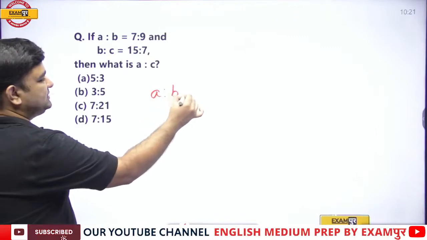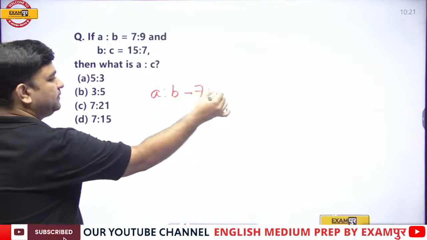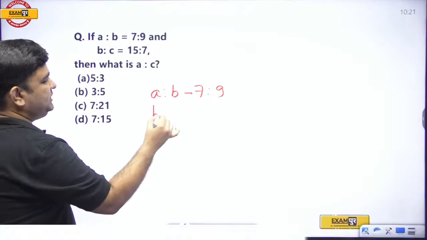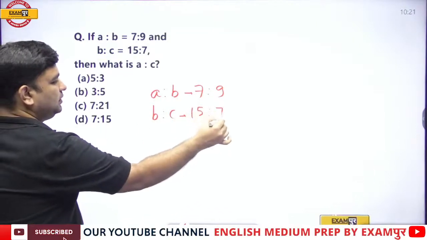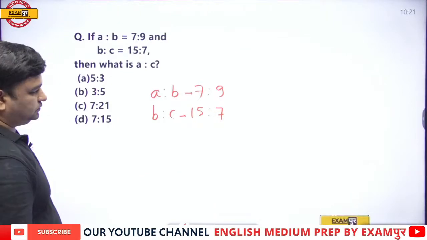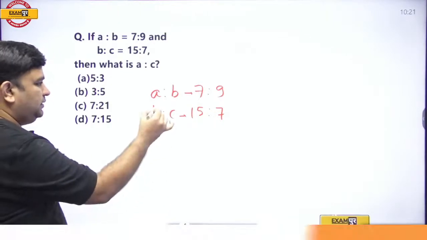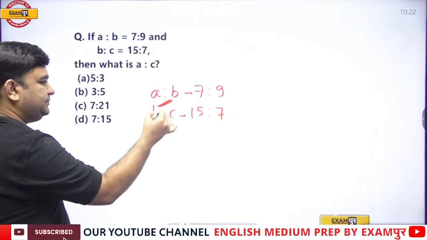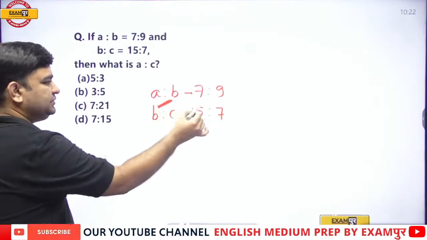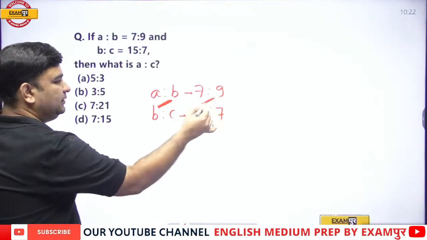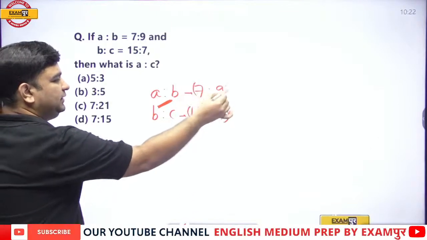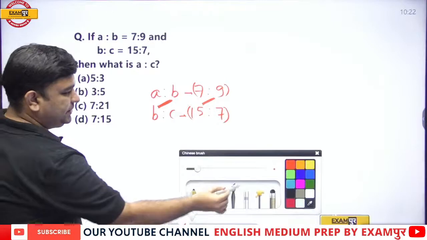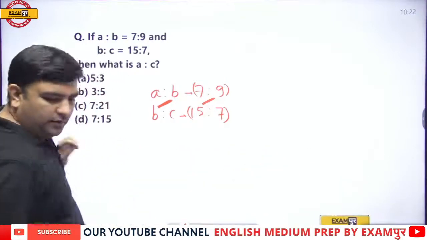A ratio B is given as 7:9. B ratio C is given as 15:7. B is the connection. 9 and 15 are both multiples of 3. Make them 45 each.